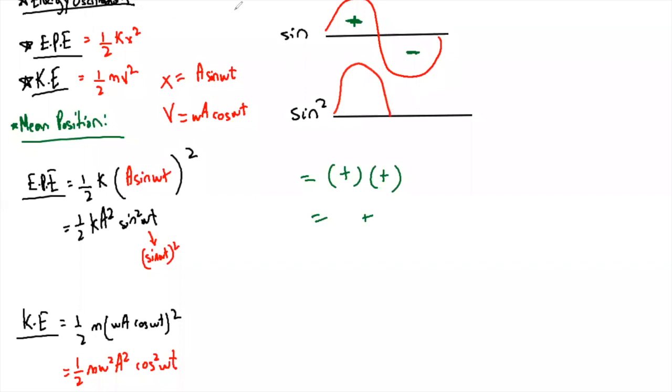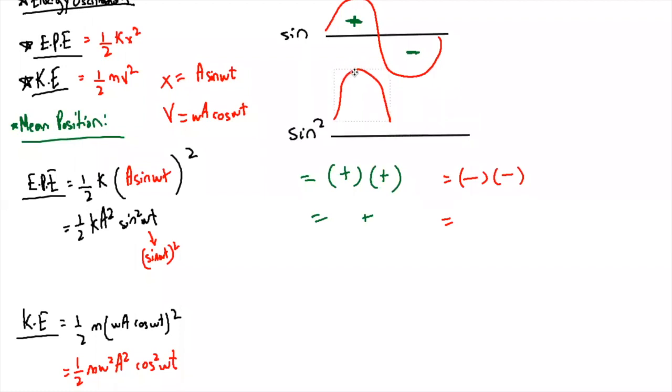Now I know that minus into minus, can anyone tell me what is minus into minus? Come on. Yeah, it's plus. That's basic math. So that's gonna be plus, and that's why I am gonna get two peaks.